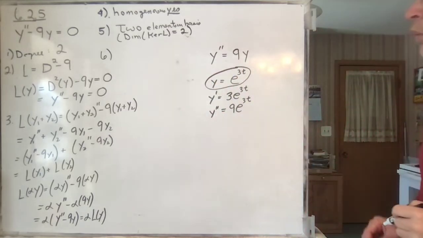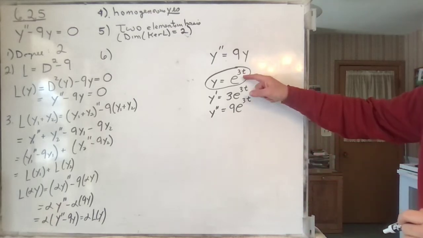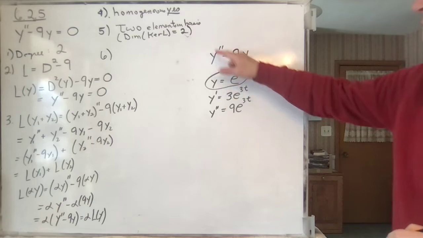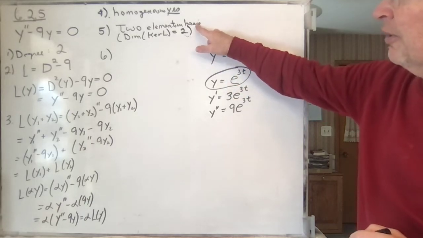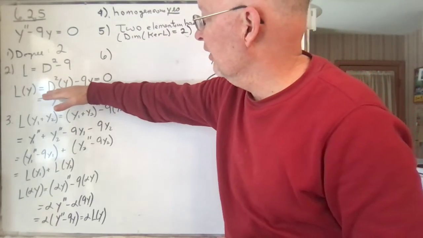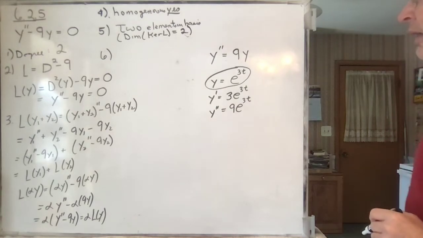So that's one solution, which will be an element in the basis of the kernel of this linear transformation. Can we find another one?